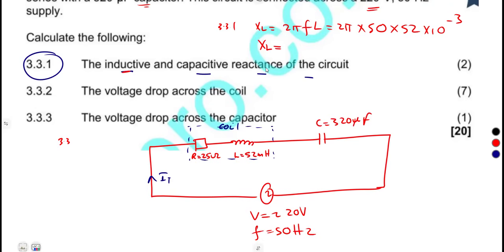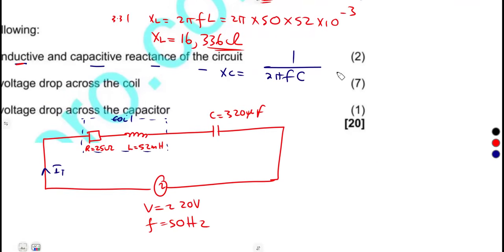There's another question also that I saw the memo was having an error here. All right, anyways, let's see. That's your XL, then XC of the capacitor is 1 over what? 2 pi FC. All right, so you know your formulas, you've got this in your formula sheet. So 1 over 2 pi times the frequency, which was 50, the capacitance value, 320 micro times 10 to the exponent of what? -6.